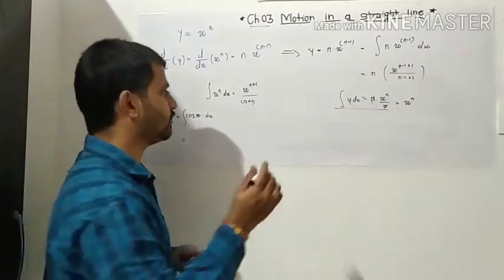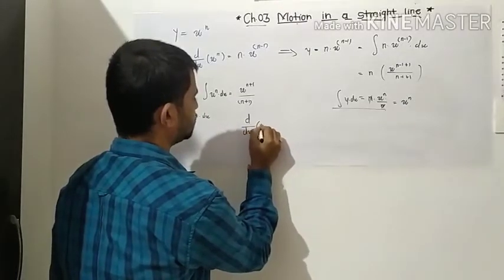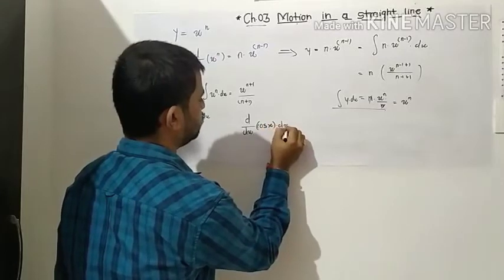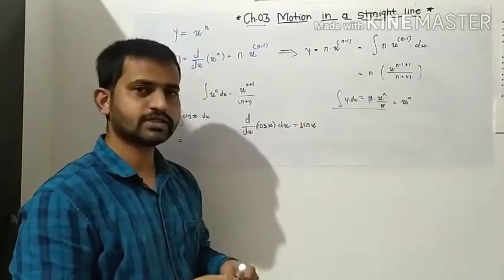What is the derivative of sin x? d/dx of sin x is equal to cos x. Okay, so these are some formulas.